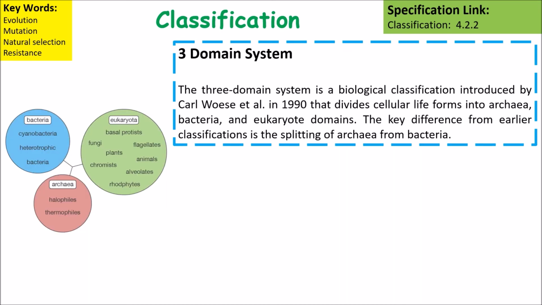The 3-domain system is a biological classification introduced by Carl Woese in 1990 that divides cellular life forms into archaea, bacteria, and eukaryote domains. The key difference from early classifications is the splitting of archaea from bacteria.